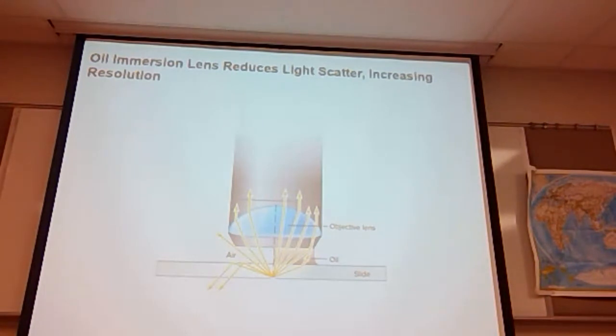As it goes from air to glass, from glass back into air, how much of that light gets bent. But by putting this drop of oil here, we now prevent this from happening. So instead of 40% of the light making it through, going up the tube into the objective, you now have 100% of the light making its way into your eye.